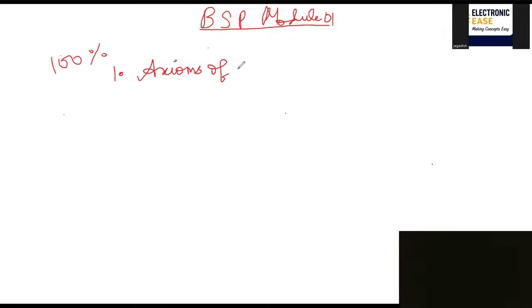Okay, sir. Write down neatly: BSP module 1. 100% fixed question will be from theory. That is axioms of vector spaces, along with four subspaces.